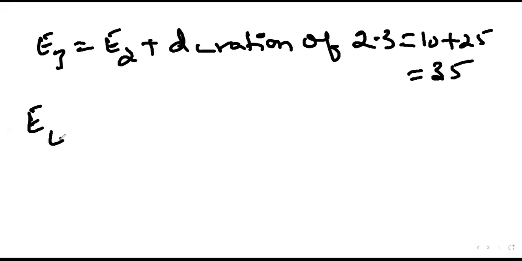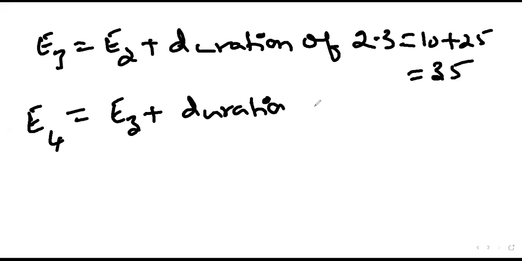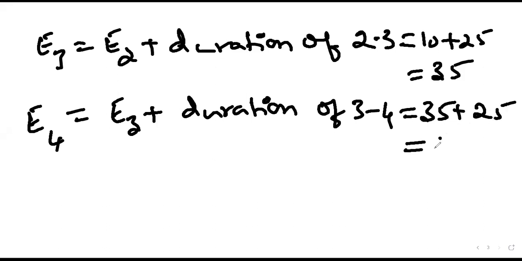Next, E4 is equal to E3 plus duration of 3 to 4. What was the duration? 25. That is equal to 60. Next, E5 is not there. E6 we are supposed to calculate.